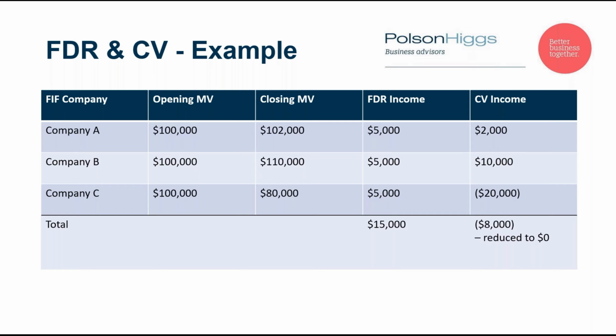I'm in fact going to use the FDR method for A and B. So I would put in my tax return 10,000 of FDR income and a 20,000 forced CV loss for a net negative 10,000. So it's important to differentiate between where I've elected CV and where I have been forced to use it, because it does give you a different answer.